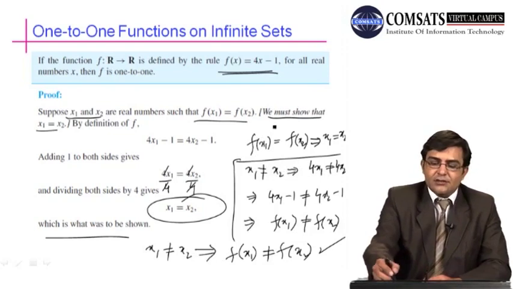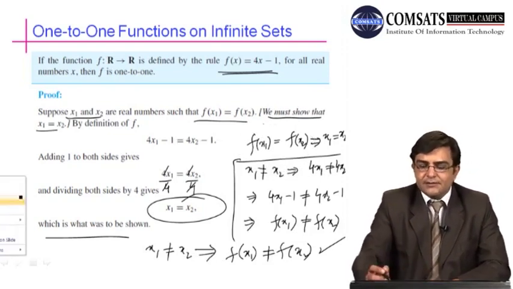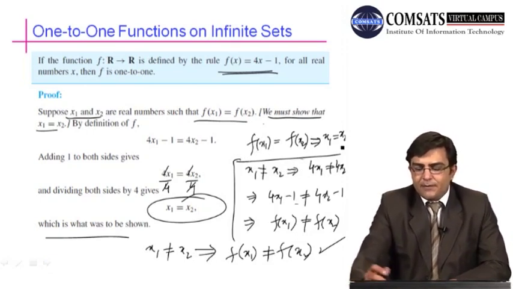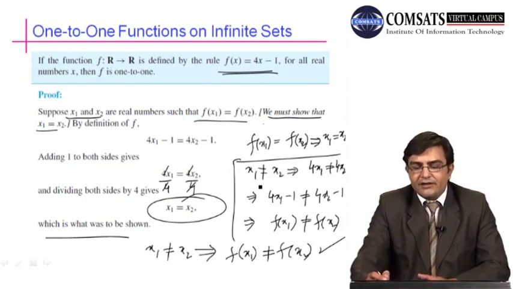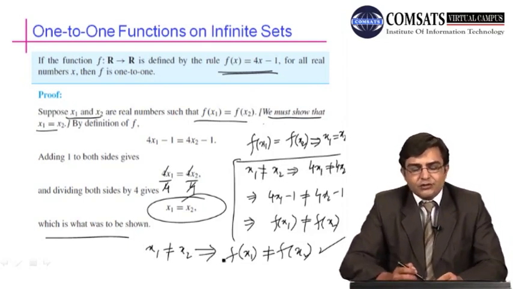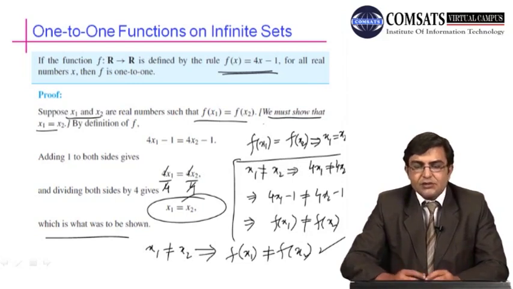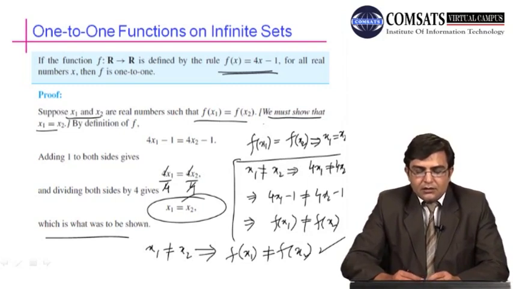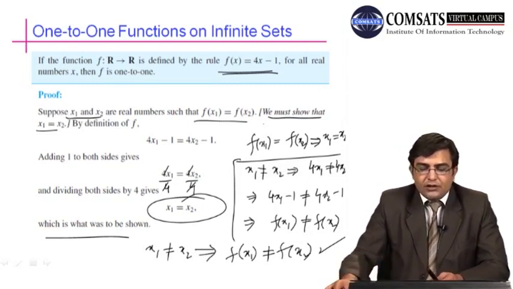The first is by supposing images are equal, we have proved pre-images are equal, and the second technique is by supposing the pre-images are not equal, we have proved the images are also not equal. So you can use both these techniques depending on the situation, whichever is easy. So this is how we can prove functions to be one-to-one, which are defined on infinite sets.